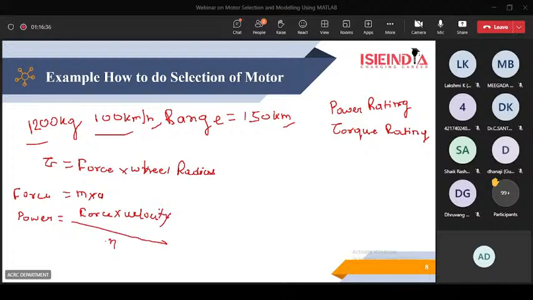The efficiency of the motor is also taken into consideration, because if we don't consider the efficiency, we may get the power in a lower amount.